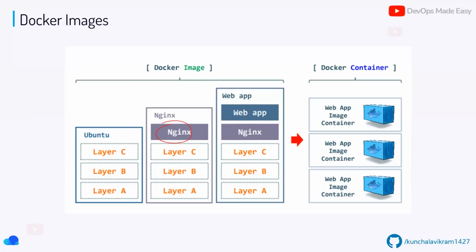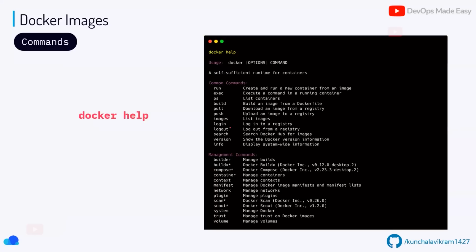And after I installed Nginx, I put my application files so that Nginx can run or serve them. Okay, so this is how you build your custom Docker images, and any change that you make on top of an existing image becomes a layer. Okay, so that is the meaning of layered architecture. But again, there is a bit of understanding required. We will see that in Docker file.